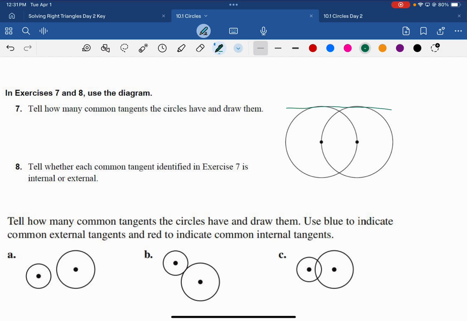So I'm going to give you an example of what one would look like. Draw a line across the top and have it only intersect each circle one time. You see how that tangent line is tangent to both circles? It only hits each circle one time. All right, where could I draw another one? Across the bottom.